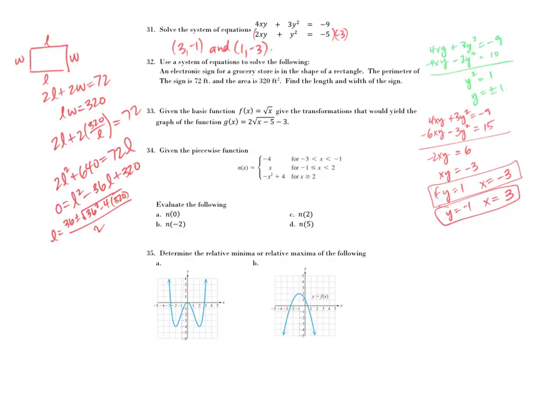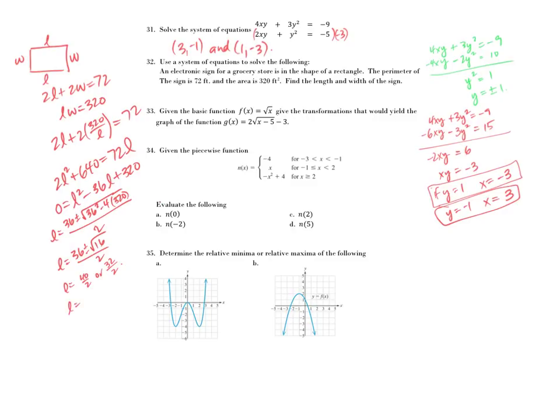Okay, and so 36 squared minus 4 times 320 is 16, with square root 4. So I get L is equal to 36 plus 4, which is 40 over 2, or 36 minus 4, which is 32 over 2.